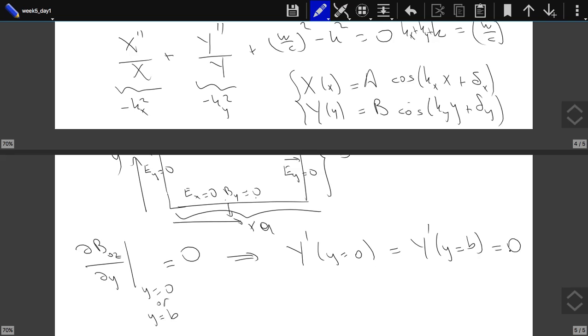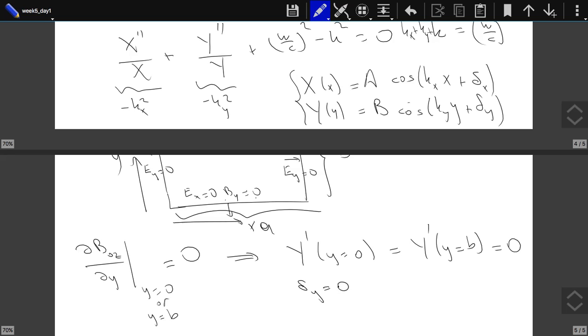They should both be 0. But these two conditions are satisfied only if delta y is equal to 0.